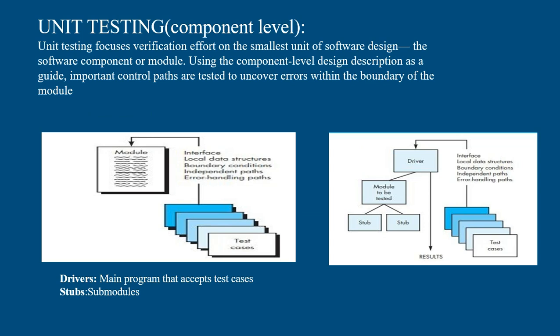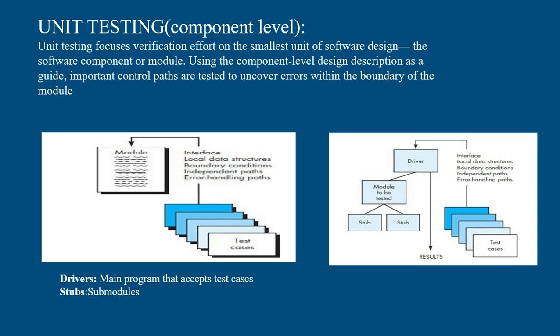Now we'll see what is meant by unit testing. As I already explained, unit testing is done at the code level for each program. To do this, we create various types of test cases. For example, take a program to find the perimeter of a circle.